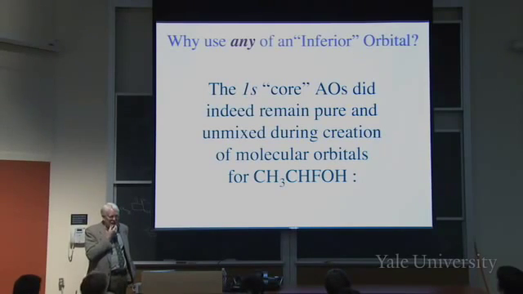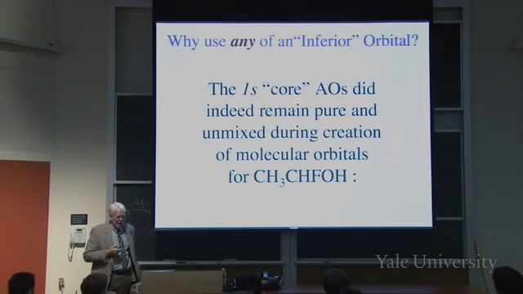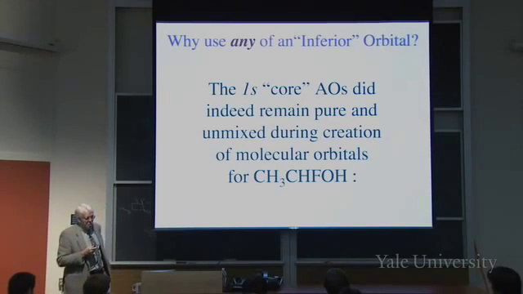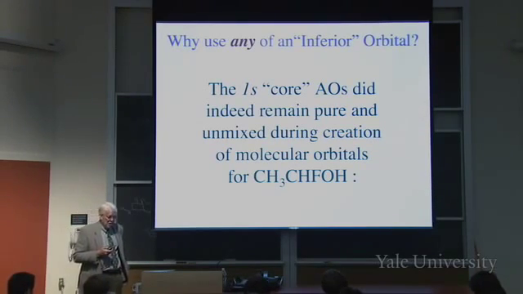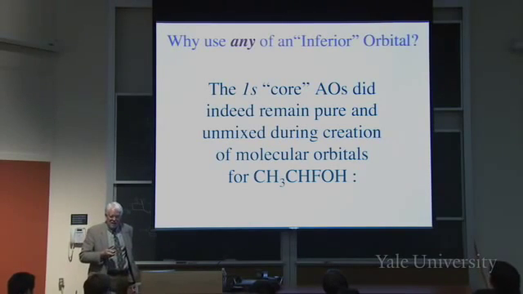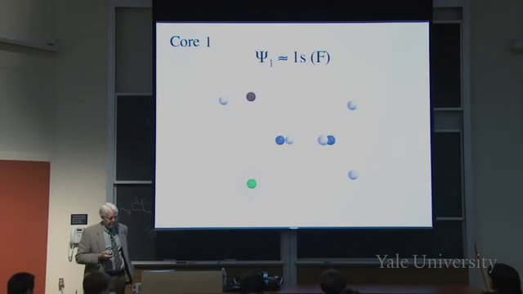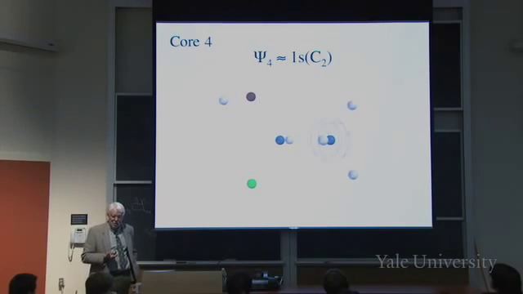So we already actually saw this in the case of the 1s atomic orbitals, which did remain pure and unmixed when we made the molecular orbitals of that funny molecule last time, the fluoroethanol. Remember, it looked like that. One of them was just an s orbital on F, another one was an s orbital on O, an s orbital on one carbon, an s orbital on the other carbon.